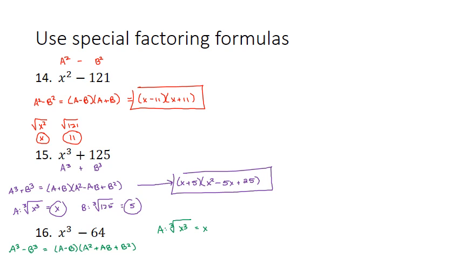So the cube root of x cubed is just x. And for b, you're going to do the cube root of the 64. So what times itself 3 times gives you 64? That would be 4. And then I'm going to plug the a and b into my factored form. So you should end up very similar to the purple part, x minus 4 times x squared plus 4x plus 16. This is the factored form of that difference of cubes.